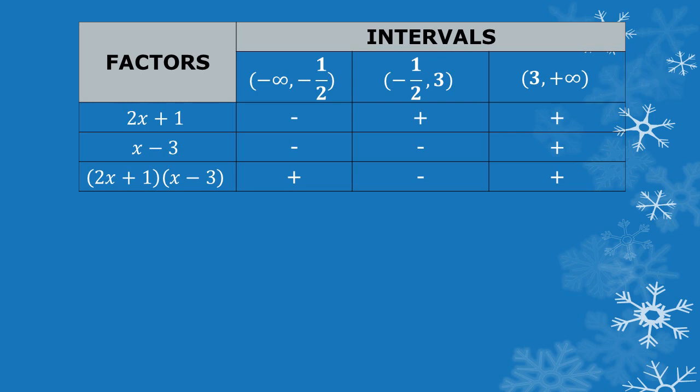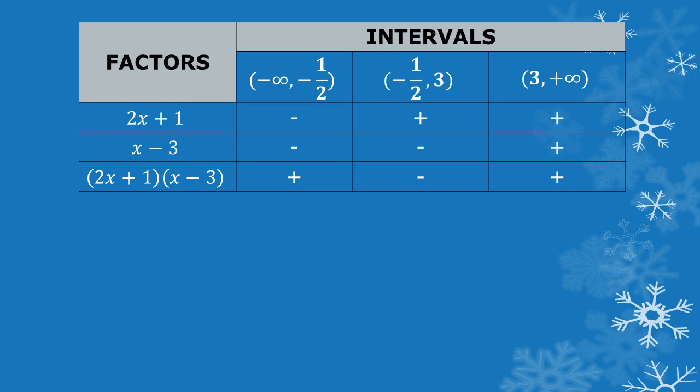The second interval, negative 1 half and 3, will have positive in the factor 2x plus 1, and in x minus 3 we'll have negative. The last interval, which is 3 and positive infinity, in 2x plus 1 we'll have positive, while in x minus 3 we'll have positive also.